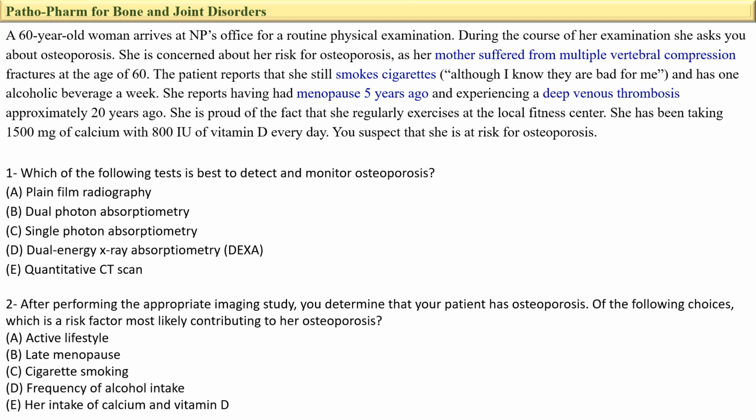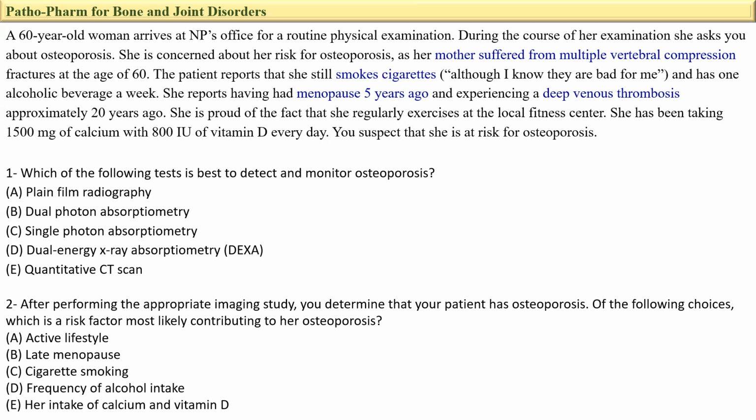Now, question number 2, which has to do with lifestyle modifications. The answer is C, cigarette smoking. The major risk factors for osteoporosis are family history, early menopause, sedentary lifestyle, cigarette smoking, medications like steroids or corticosteroids, alcohol, caffeine, and low calcium intake.